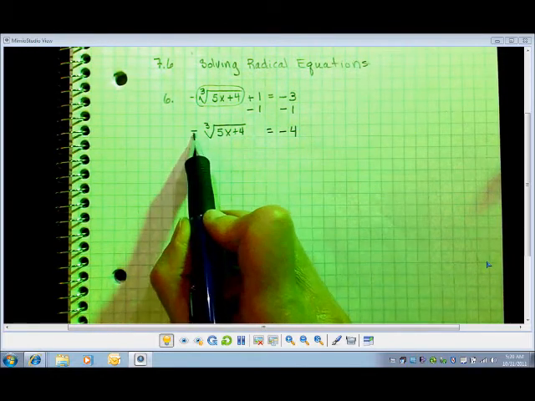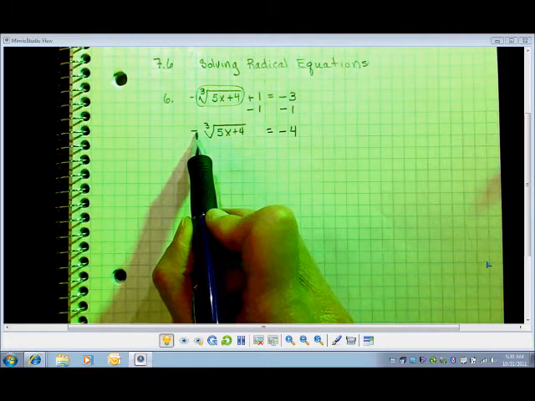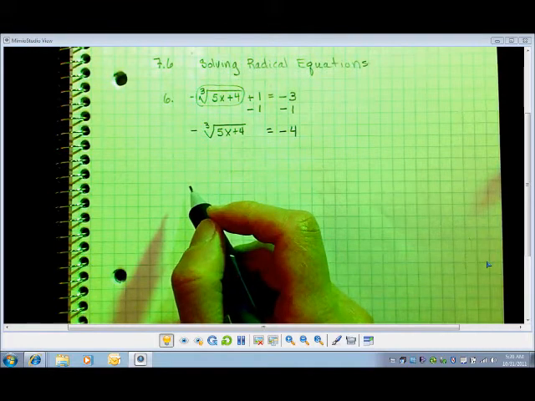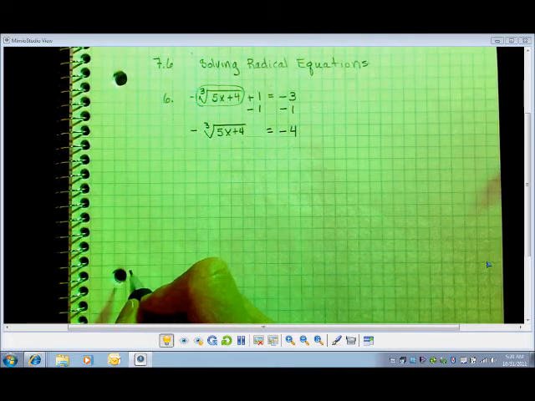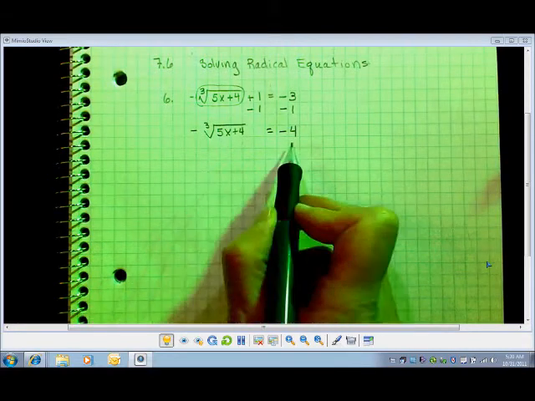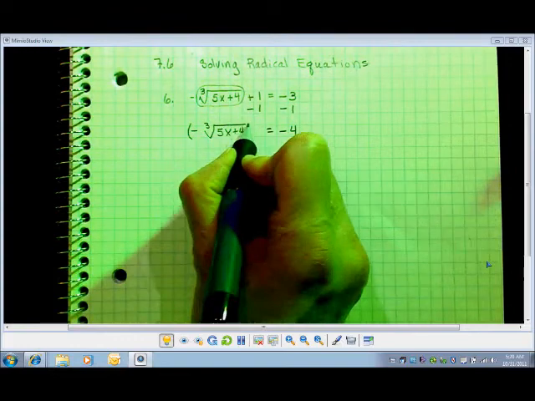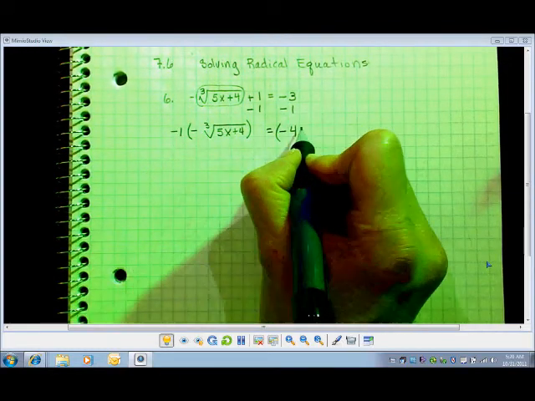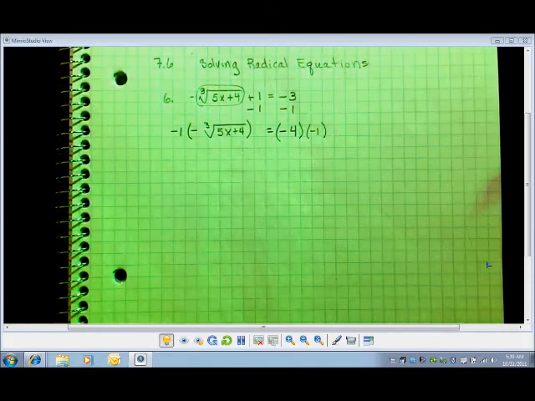Now this negative is outside of my radical. I need to get rid of that. So there's two things I can do. I can divide by negative 1 to both sides, or I can multiply by negative 1 to both sides. It doesn't matter. I prefer to multiply through both sides by negative 1.